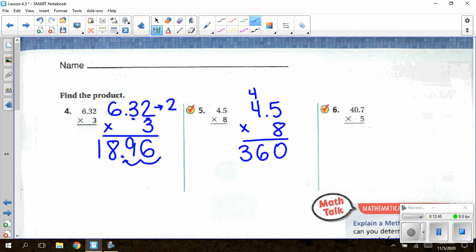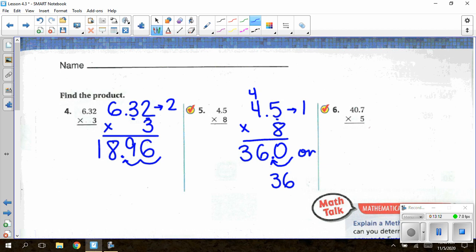So now to place the decimal, I see 1 digit behind my decimal, so that means my answer must have 1 decimal place value. From the end of my answer, swoop once to the left, place my decimal. So my answer, I could either write the 36 and 0/10, or I would just write the answer of 36. Technically, you don't need that 0.0.